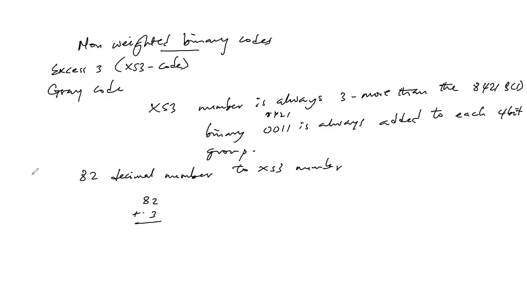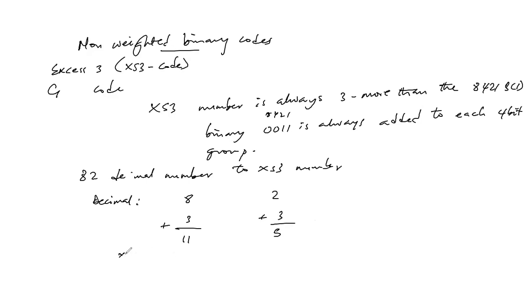Well, let's separate it for ease of understanding. So we have the decimal, which is 8, 2. So we add 3 here, and we add 3 here. So this will give us 11, and then this will give us 5.